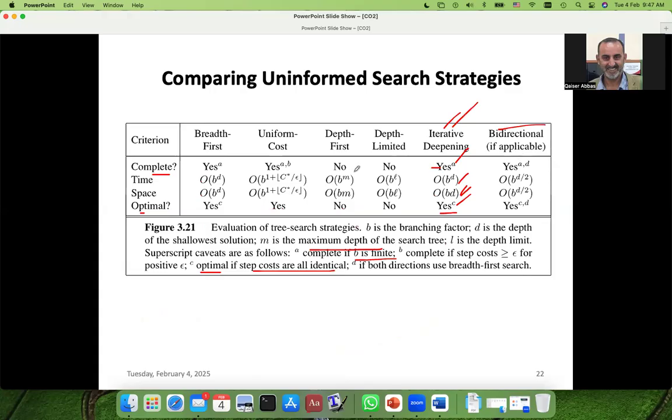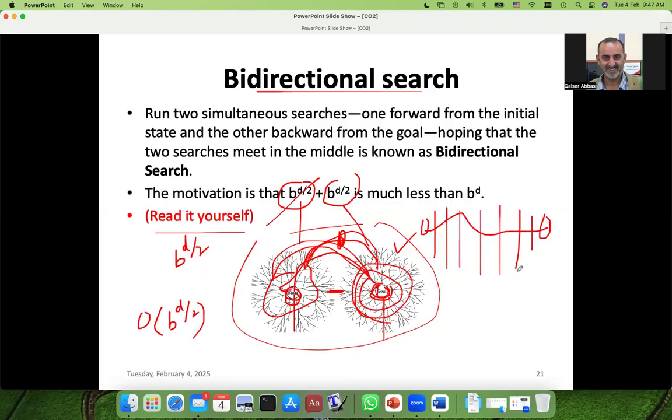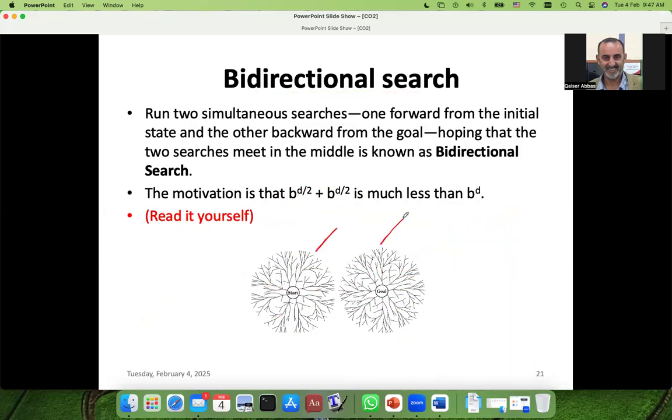So bidirectional, it is complete. Yes, it is complete. It is optimal. Yes, it is optimal. It is complete with two conditions, A and D. A is what? With the finite state space. But what is D? D means if both directions use BFS. So this algorithm will be complete if you apply BFS. Okay, this is also a condition. This is our breadth first search.